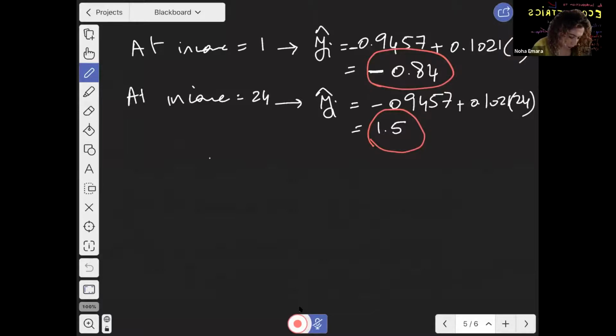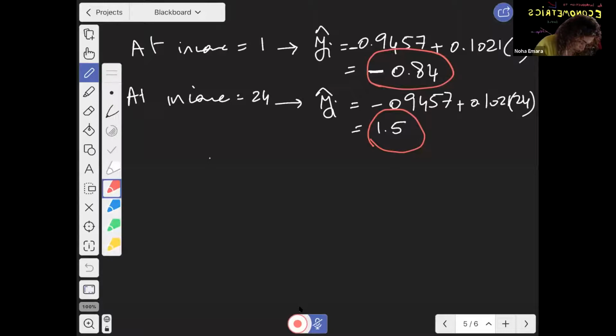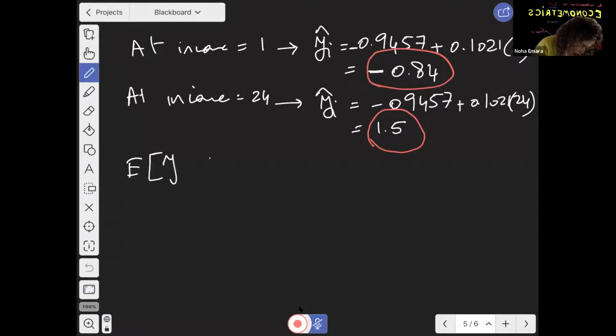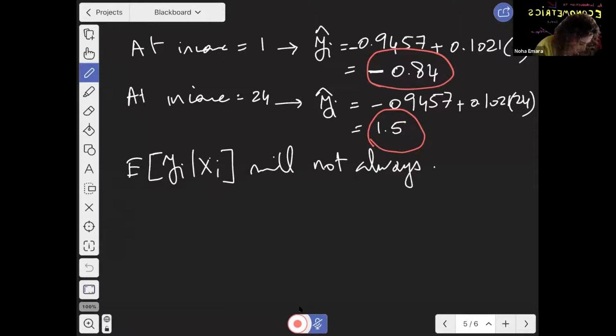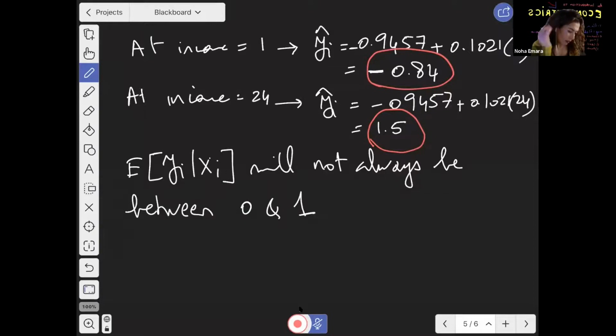This is the main disadvantage of using the linear probability model: the expectation of y i given x i will not always be between 0 and 1.